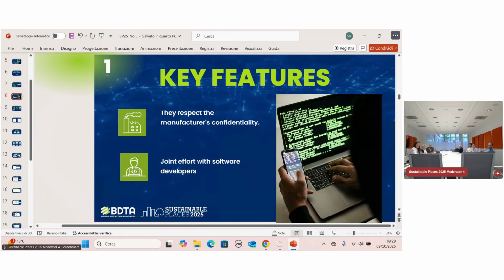Another very good feature that I mentioned before is that they respect the manufacturer's confidentiality. You don't need to know how the manufacturer configured their machine to simulate this. They are developed in a joint effort between researchers, manufacturers, and software developers, ensuring compatibility with different tools.